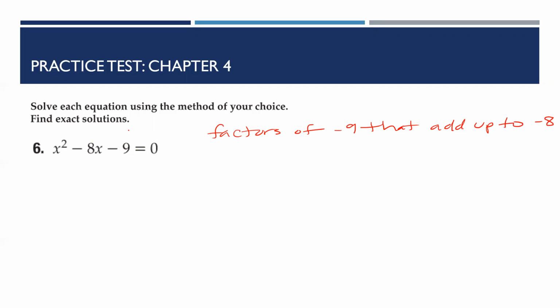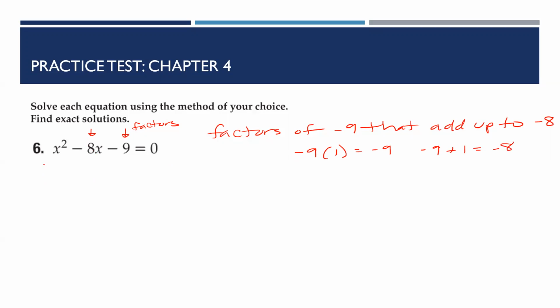So you need the factors of c that add up to b. Well, I know that negative 9 times 1 equals negative 9, and I also know that negative 9 plus positive 1 is negative 8.